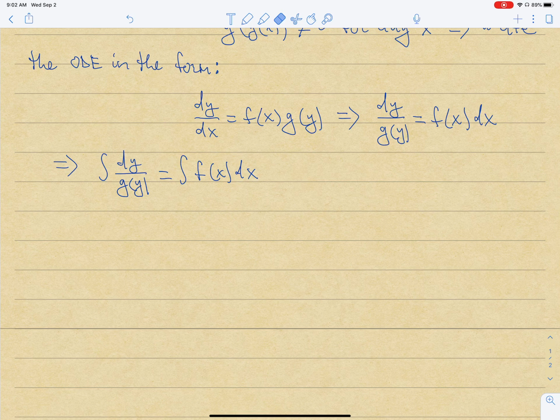In this case I cannot explicitly integrate because I don't know exactly what g of y and f of x are. But if those functions are given to me, then in many cases I will be able to integrate. And so what I got is a function of y that is equal to a function of x. And that, as we discussed previously, is exactly an implicit solution of my ODE.